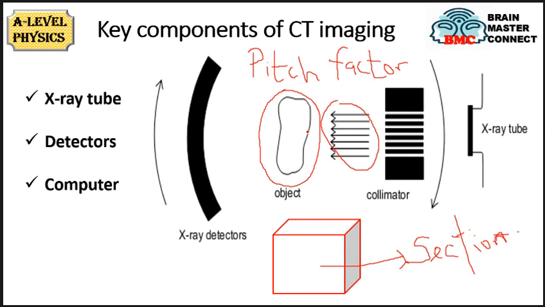So that is why I said the motion of the X-ray beam relative to that of the object is controlled by the pitch factor, or we can also call it the pitch value, which is determined solely by the operator. So the operator would decide if the object should move faster into the CT scanner or slower, and everything basically depends on the pitch factor or value used in controlling the CT scanner.